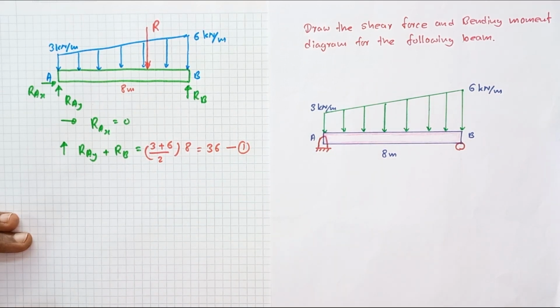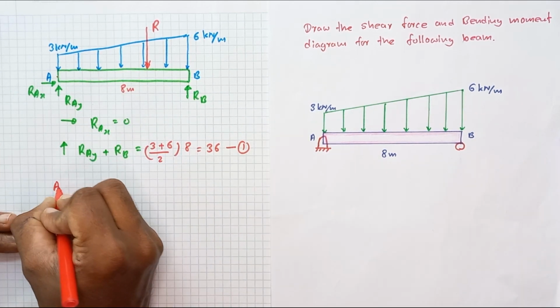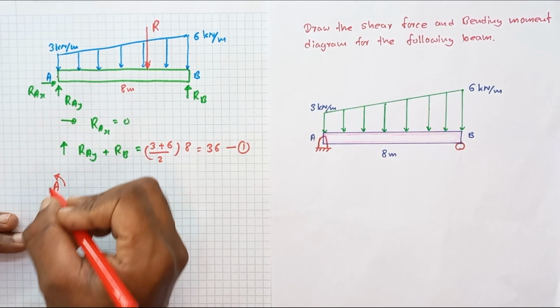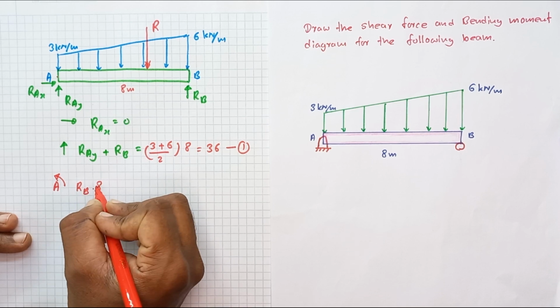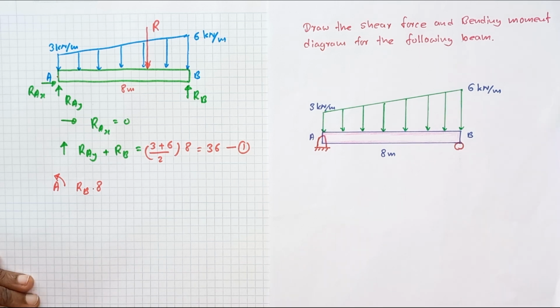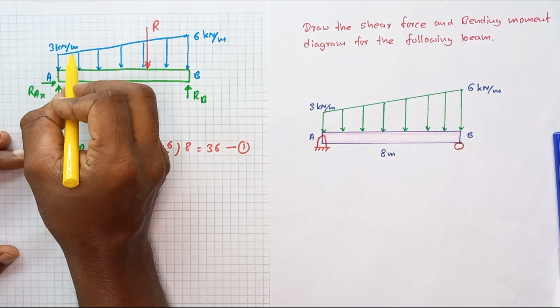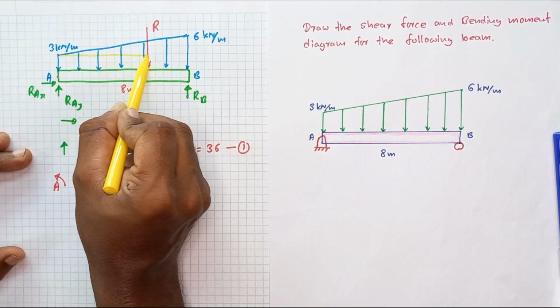Then I am going to take the moment around this point A. RB into 8. Then the moment produced by these individual areas. Here this trapezoid I am going to divide into two areas: the rectangular section and the triangular section.